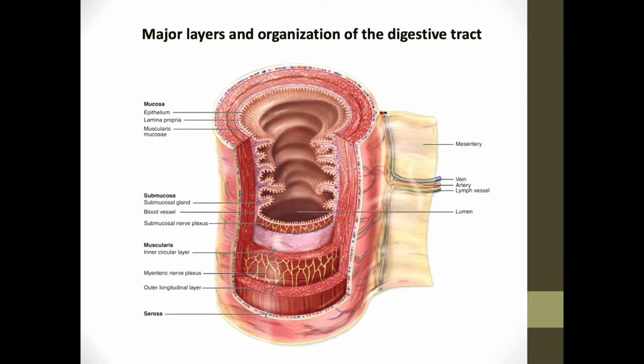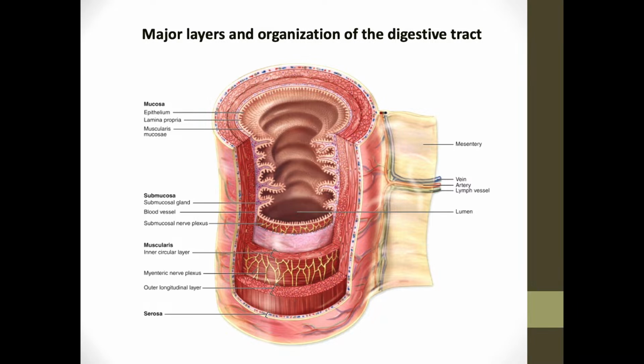So the major layers, you know, the same. What are the major layers? Mucosa, muscularis, and the serosa. Mucosa, which is the inner part of the wall, consists of epithelial lining, lamina propria, and muscularis mucosa.